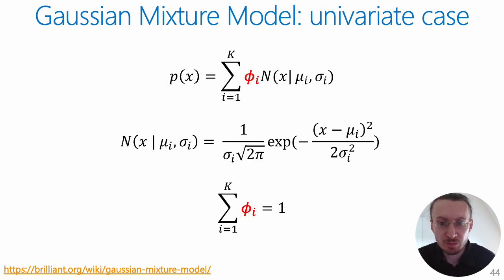The second type of components are the components for Gaussians, which are just the mean values and variances, or covariances. This is actually the standard deviation sigma. The second equation shows the standard Gaussian probability distribution function, and the component weights phi sub i add up to 1. This is if we model a single-dimensional distribution.